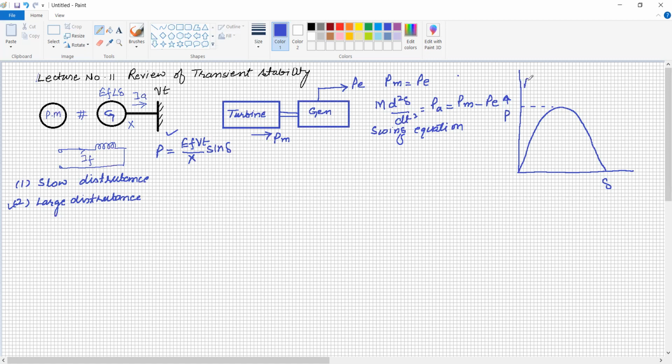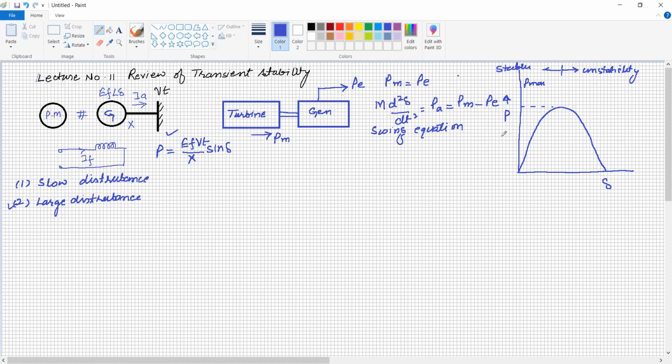But we never operate our system at the highest point, because in any case the system may come out of synchronism. So this part is the instability region, whereas this region is the stable region. We will operate our system in the stable region, the leftmost side.